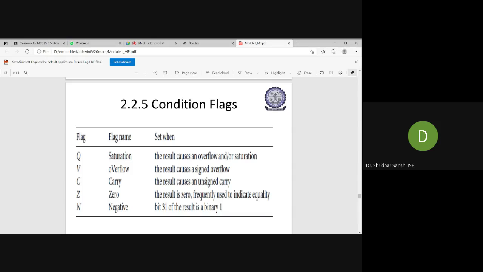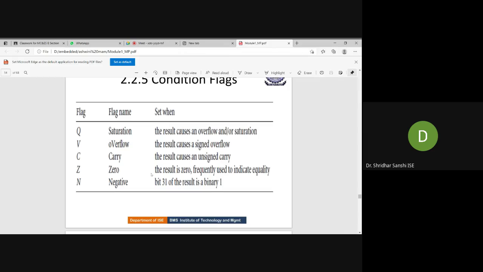Say, for example, I'm doing subtraction, subtracting two register contents. If the subtraction of the two registers results in a 0, then the Z flag will be set to 1. You can see the description of these flags here. Z corresponds to the flag name Zero.